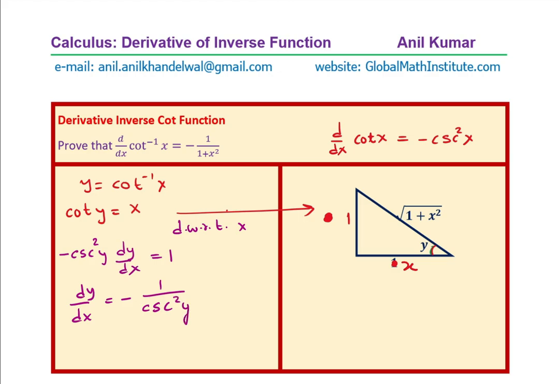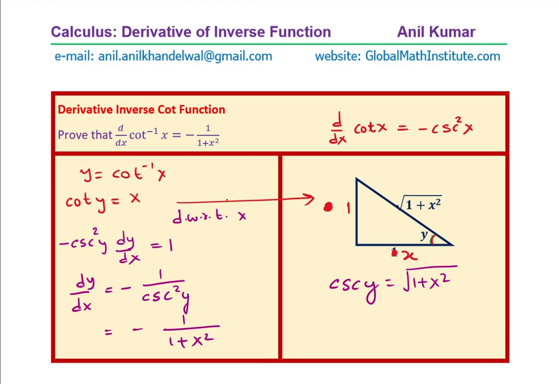And what is cosecant square y? So from here, let us find what cosecant y is. Well, cosecant y is the hypotenuse over 1, which is the square root of 1 plus x squared. So we substitute this here. So we get minus 1 over 1 plus x squared. Do you see that? So that is how we are going to find its derivative.